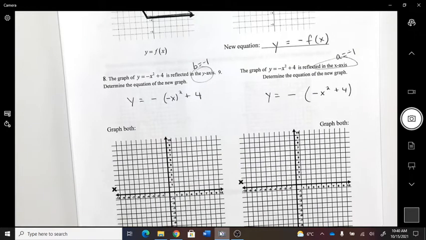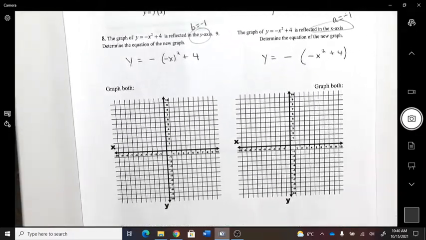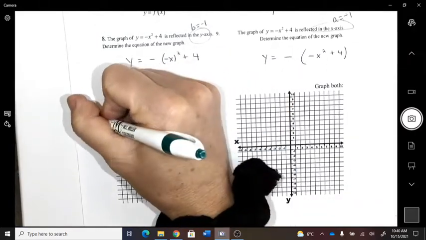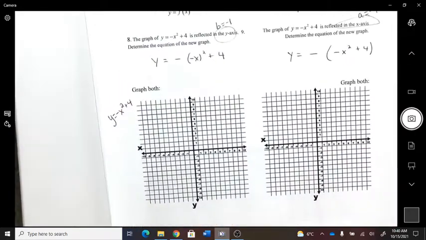Okay, let's graph both. Does anybody know what that just looks like from grade 11?